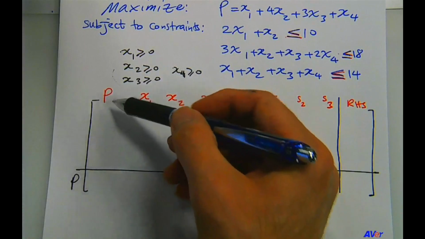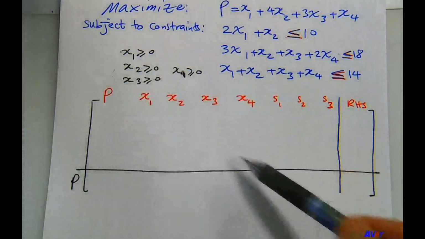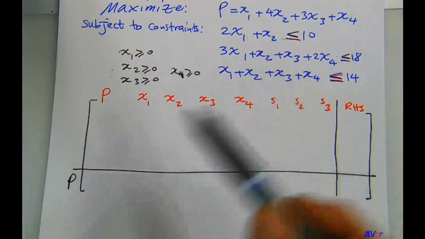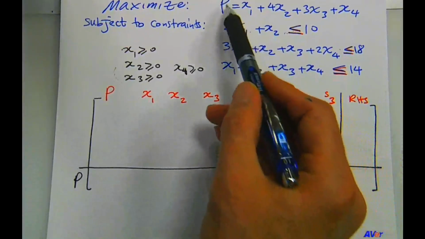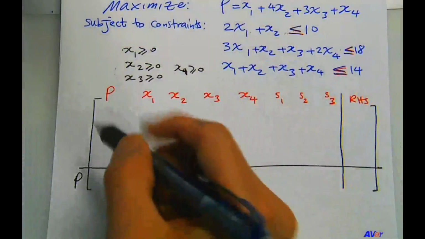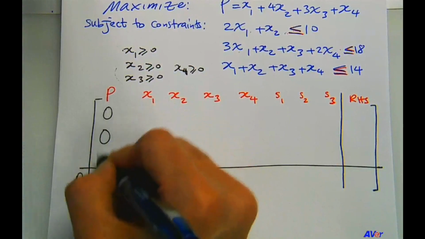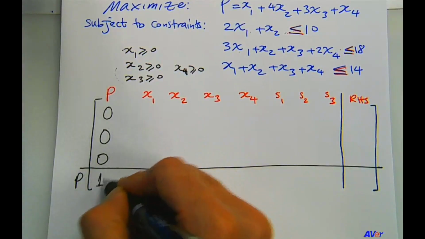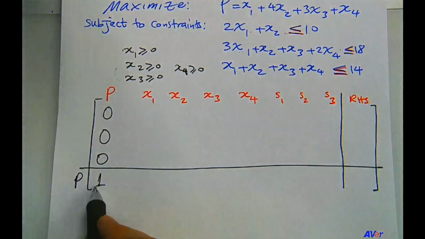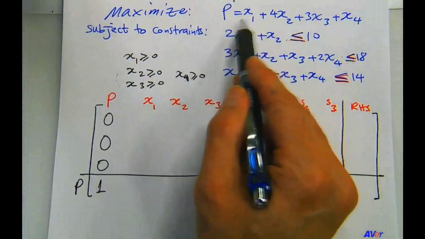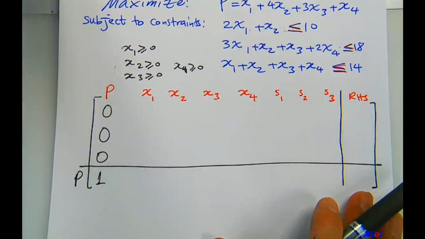All right, first of all, in the top rows, we're going to have these coefficients for the constraint equality, right? So we don't have any p variable anywhere here. So all of these under the p variable, we're going to have 0, 0, 0. And for the objective row, we always have the 1 because we have a p in the objective function.